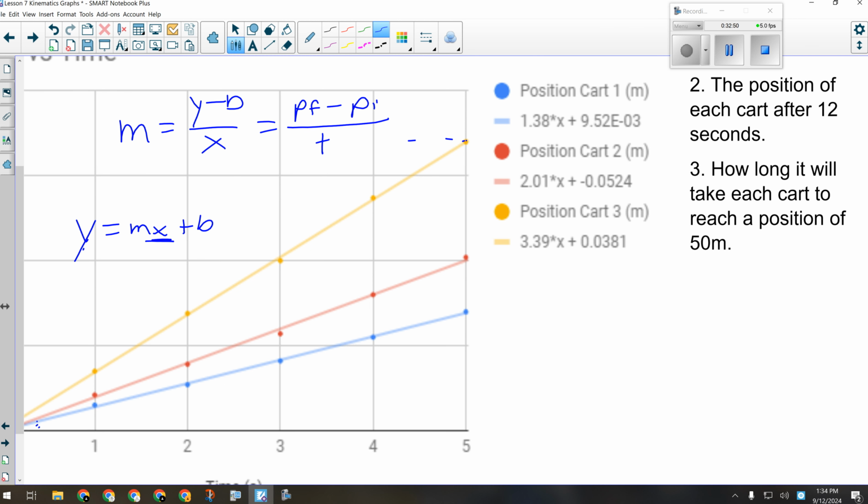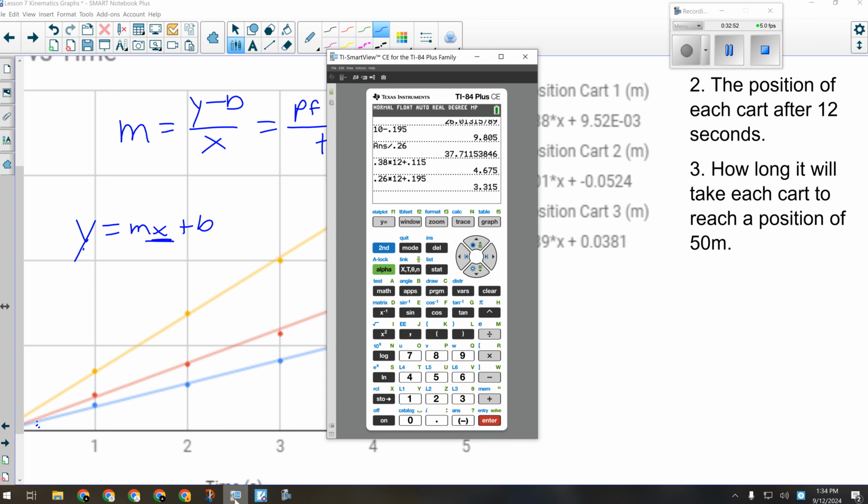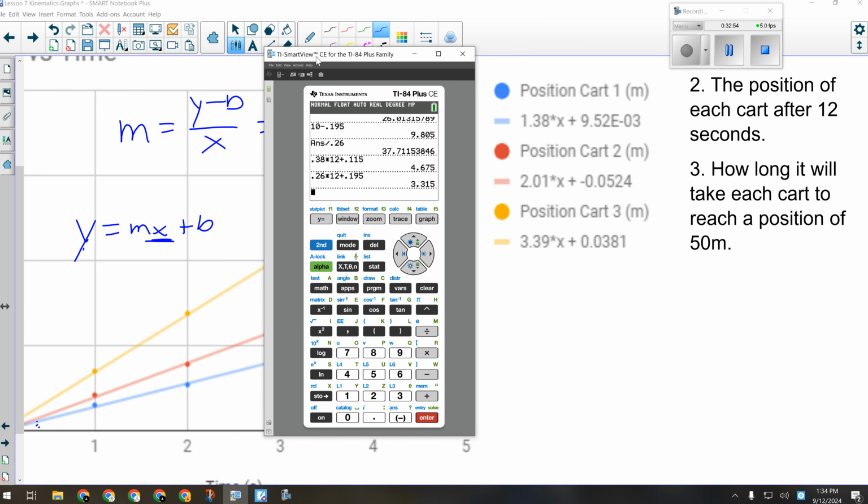Okay, so for the blue one, we're looking at 1.38 times 12 plus 0.00952. So the final position of the blue cart will be 16.6 meters.